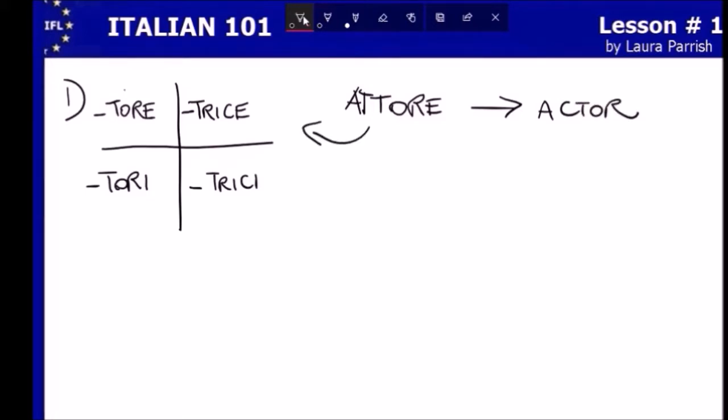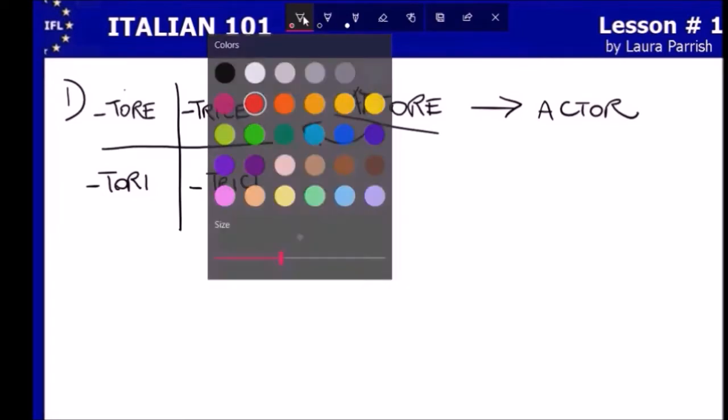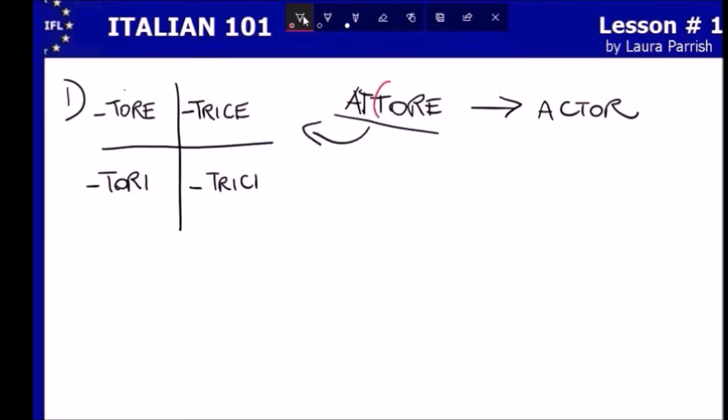So, for example, if it's a guy, it will be attore. If it's a woman, you substitute, let me change color, you need to substitute the desinence tore with the feminine desinence trice. So the result: attore is a guy, attrice is a woman. That's why you have actor, actress. It comes from here.